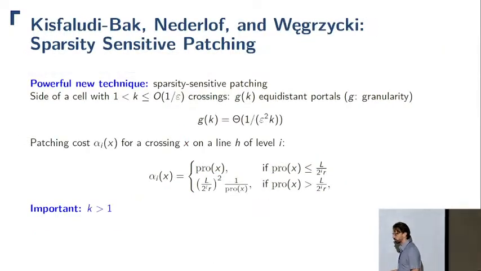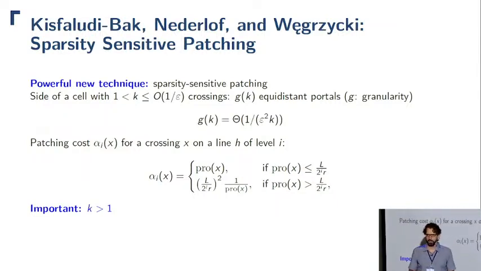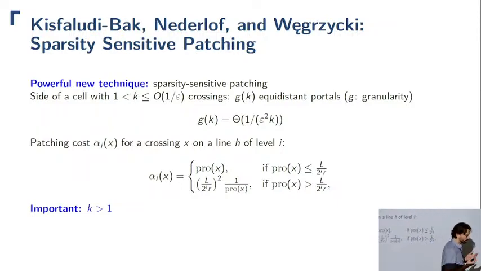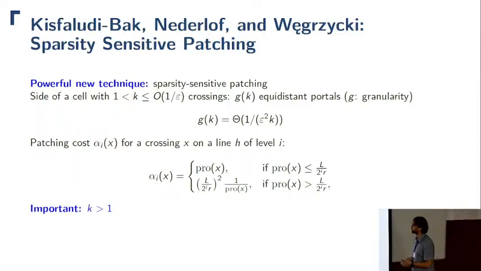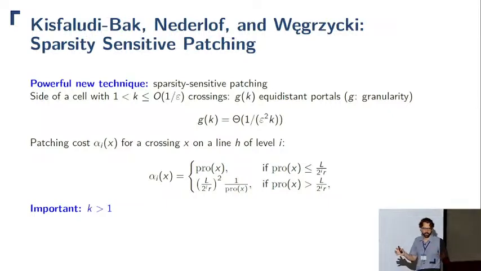So now, Kisfaludi-Bak et al. had a genius idea. That is, they had some sparsity sensitive patching. So it's the same patching that I explained to you before, but instead of saying that the number of portals depends only on the level in which we are in the quadtree, it depends on the number of crossings that we have.